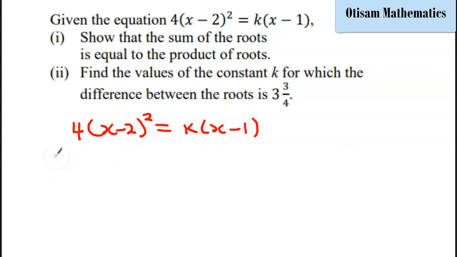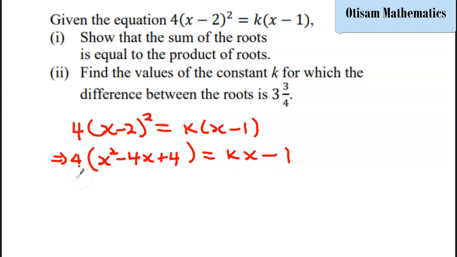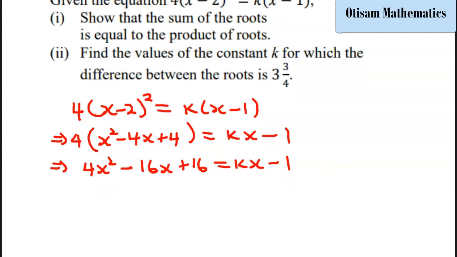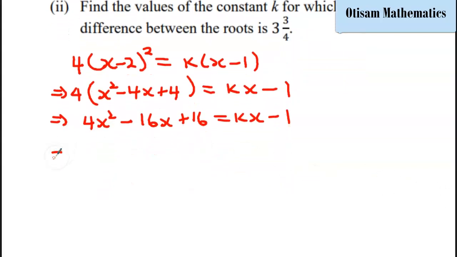So we have 4 times x minus 2 all squared is equal to k times x minus 1. So let's expand. So 4 times, expanding this, we have x squared minus 4x plus 4 is equal to kx minus k. So 4x squared minus 4 times 4x, which is 16x, plus 16 is equal to kx minus k. So let's group the like terms.